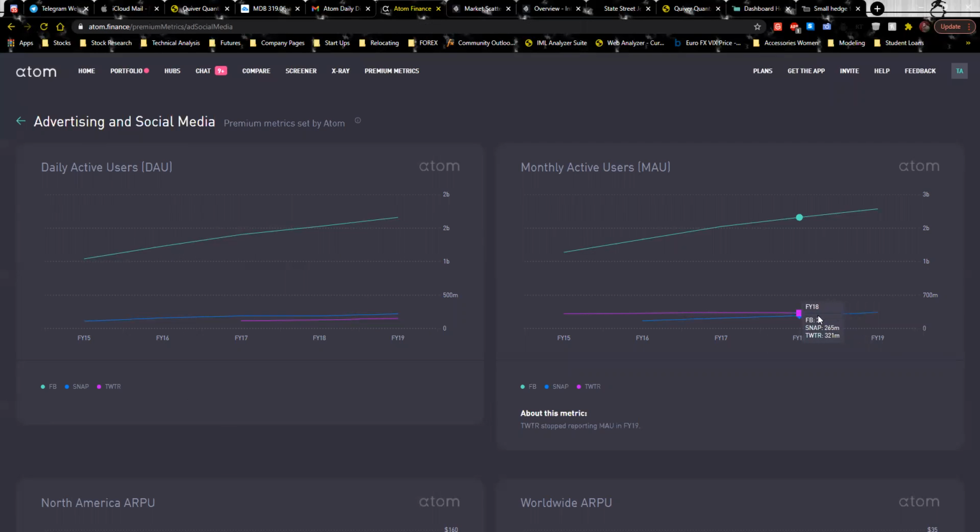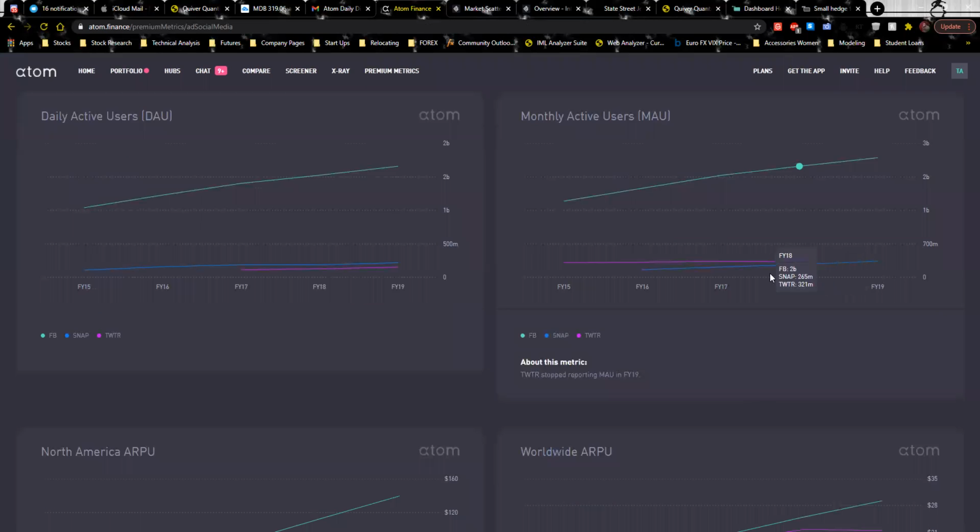Why did Twitter just, over here, Twitter doesn't have it up yet. Well, that's fine. But we can see here that it looks like Snap was overtaking Twitter. That's interesting. I really need to see what that looks like.